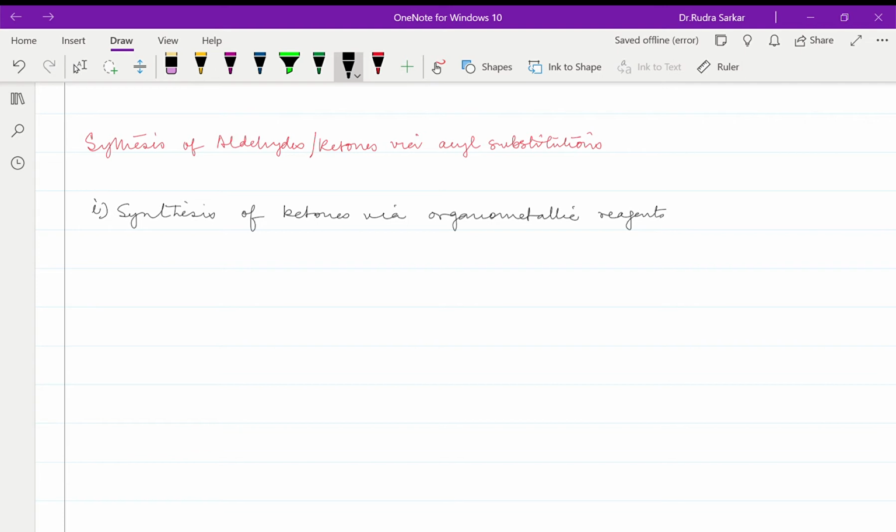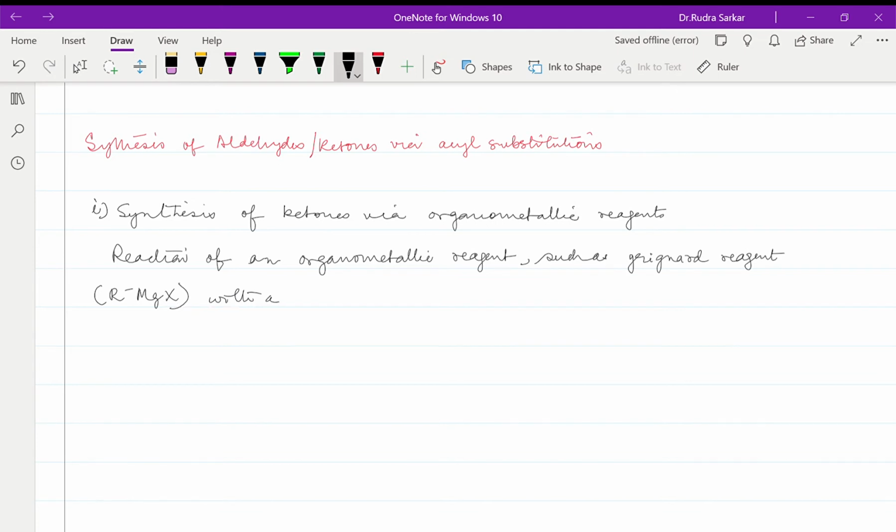So out here one might say that the reaction of an organometallic reagent such as Grignard reagent, which is abbreviated as R'MgX, with a carboxylic derivative such as an ester, RCOOR.